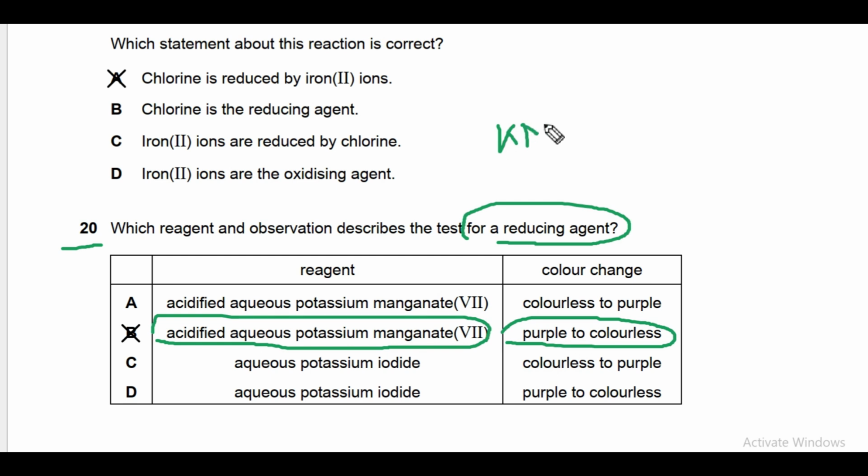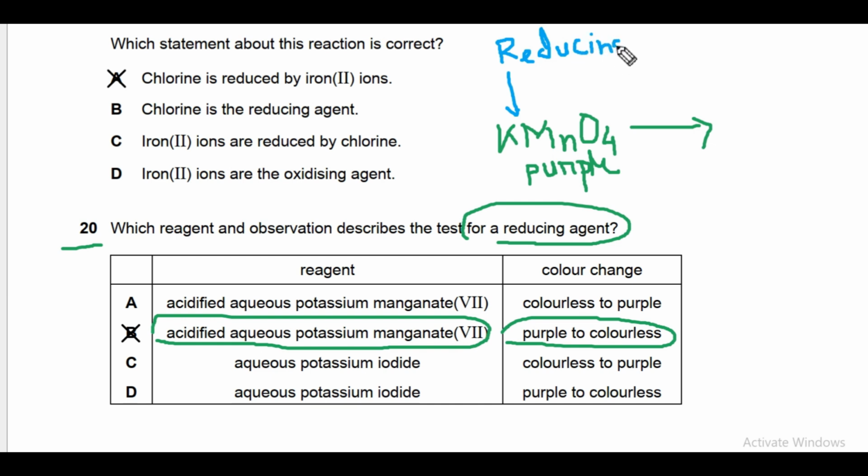That means KMnO4 is purple in color. So if you add any reducing agent, it will go to colorless.